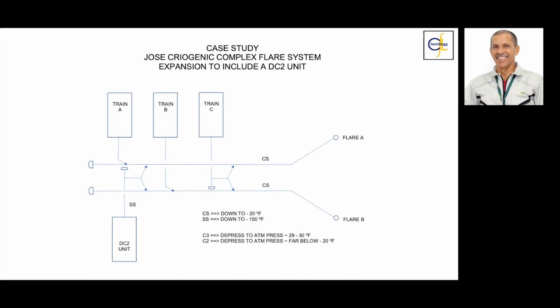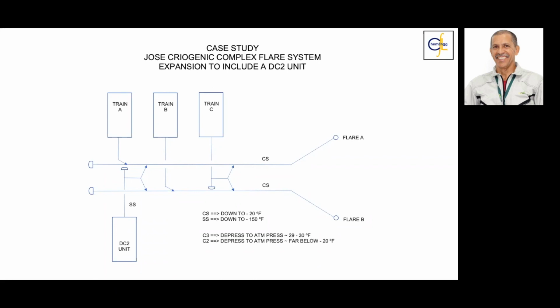Okay, and for these 3 trains, the lightest product that you have in there is propane. When you depressurize the propane to atmospheric pressure, because the flare is close to atmospheric pressure operation, we got 29 to 30 degrees Fahrenheit when we ran this exercise. However, when we depressure the lighter stream here, this is the ethane, the resulting temperature is far below -20.